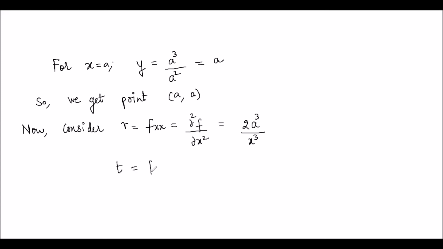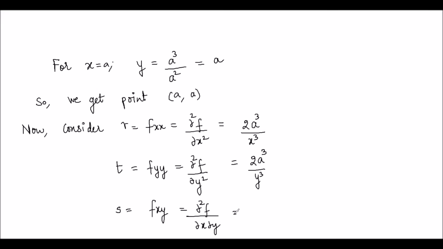Now t is fyy, which is del 2f by del y2, and we can find it from equation 2. It will come as 2a cube upon y cube. Now the next notation is s, which is fxy, del 2f by del x del y.